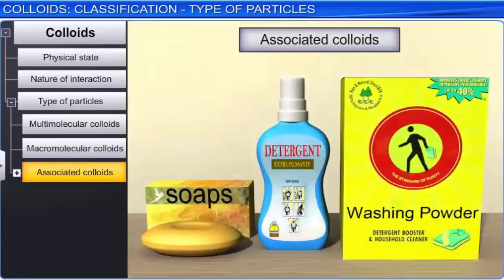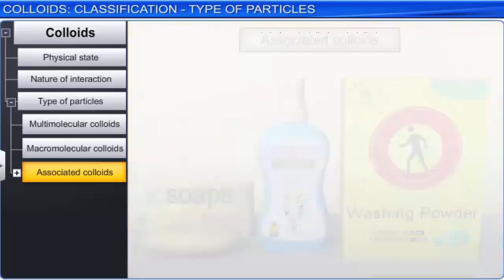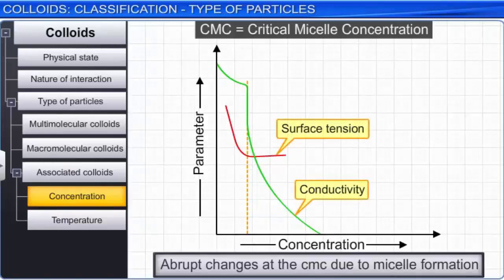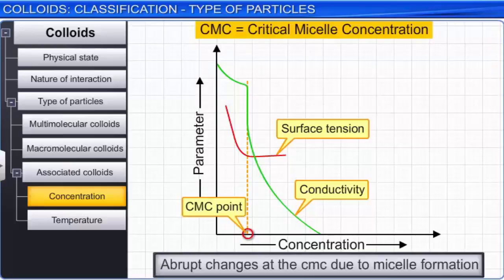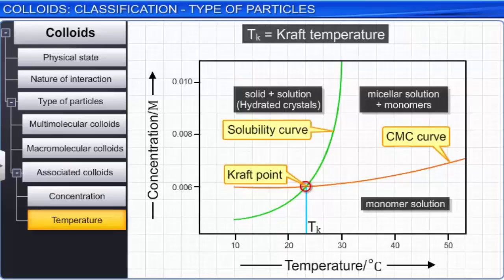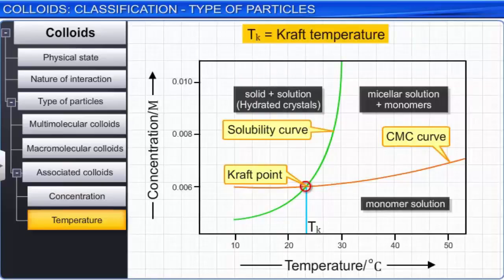The formation of micelle depends upon two factors: the concentration of the dispersed phase and the temperature. The formation of micelle takes place above a certain concentration called critical micelle concentration or CMC, and above a particular temperature known as Kraft temperature or Tk.